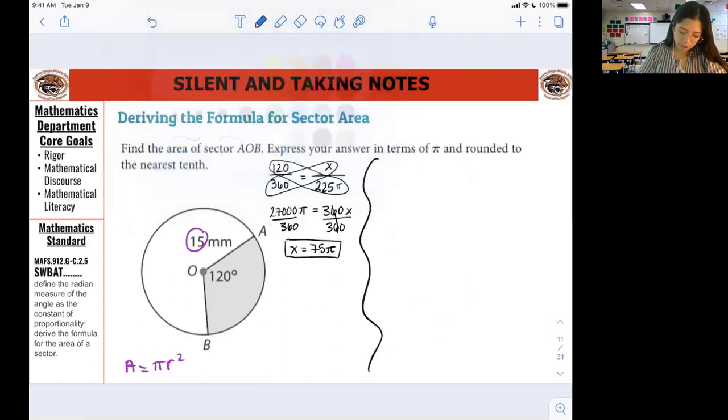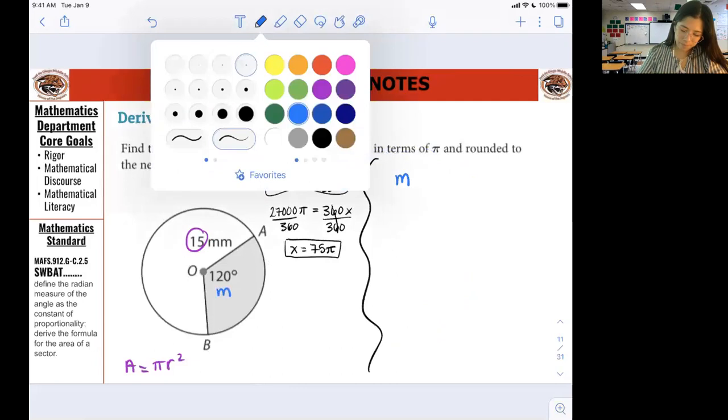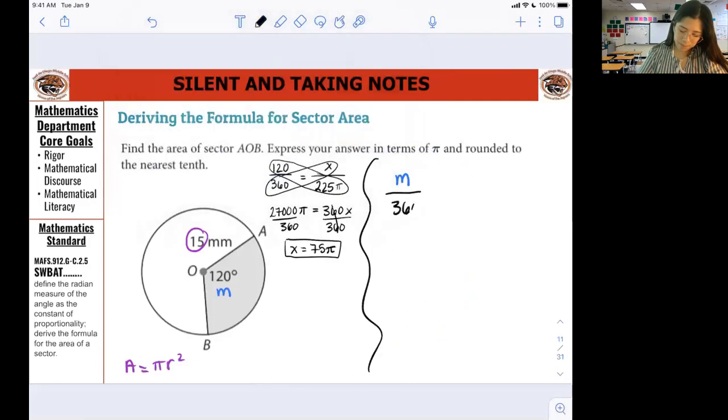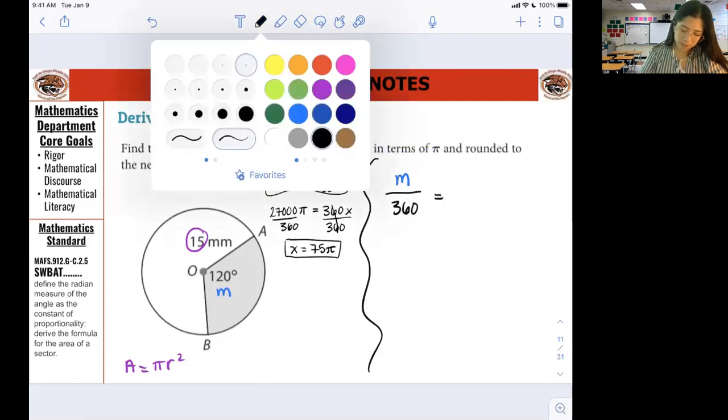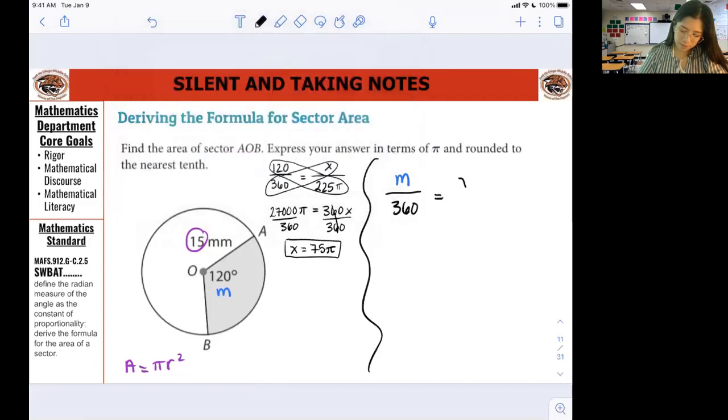So my angle is M. So very similar. M over 360 is equal to x over the area, and the formula for area is pi r squared. Then I can cross multiply. Or rather, what should I do to both sides to get x by itself?